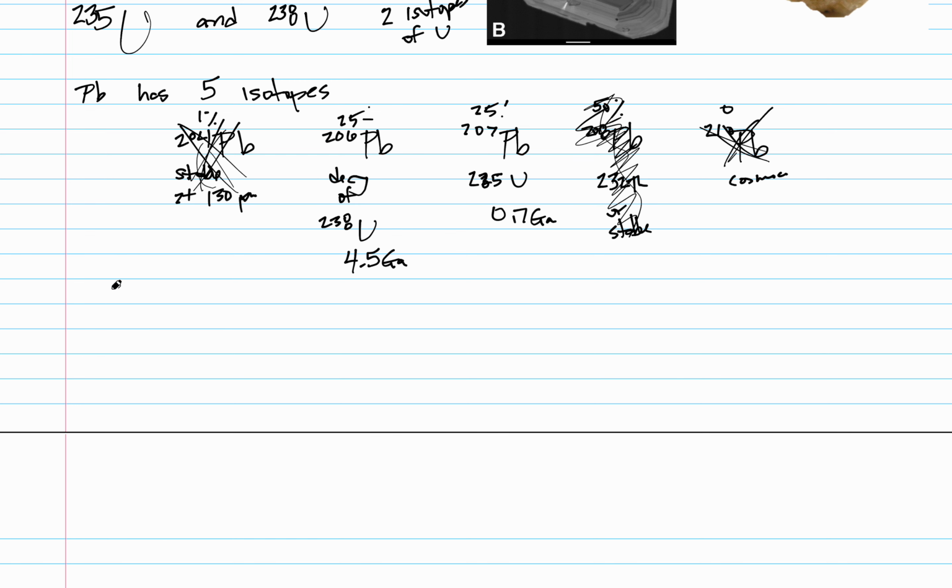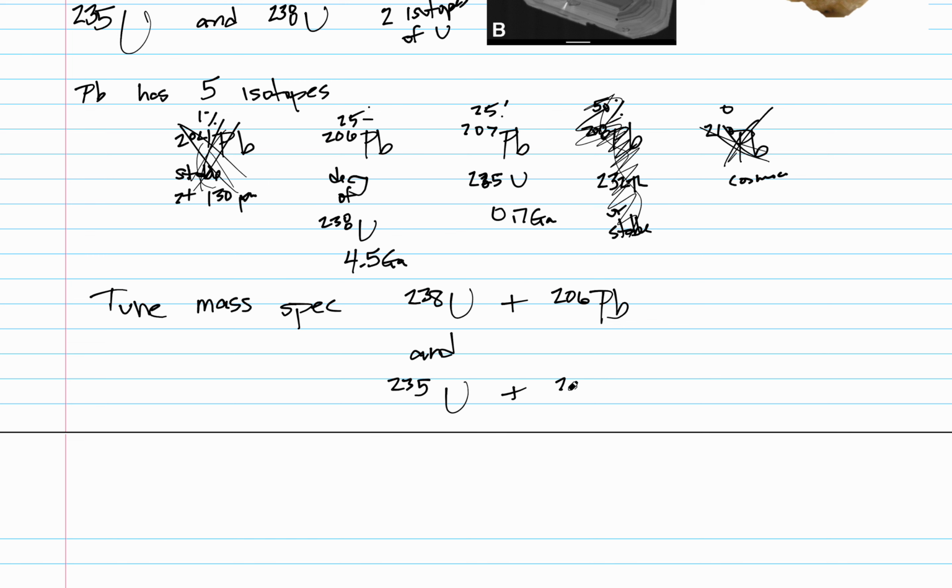In fact, that's important enough that we're going to write it down here. Tune mass spec to only count 238U plus 206Pb, and we're going to tune it to 235 uranium and 207Pb.